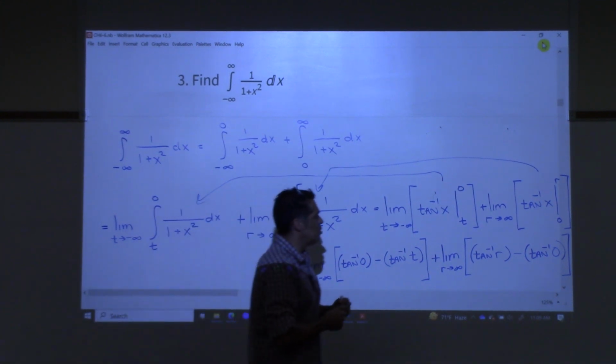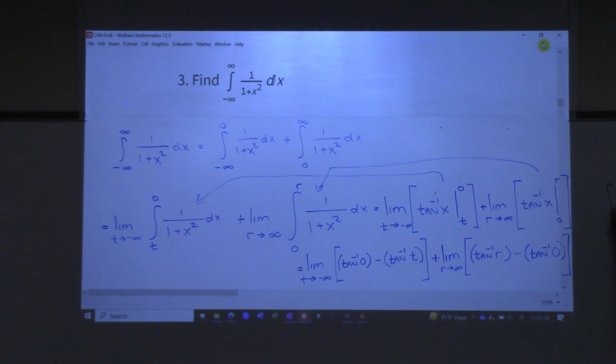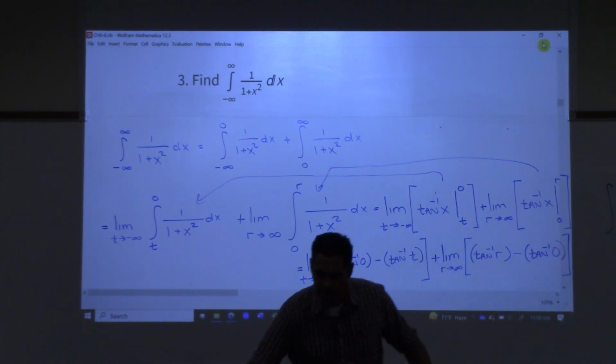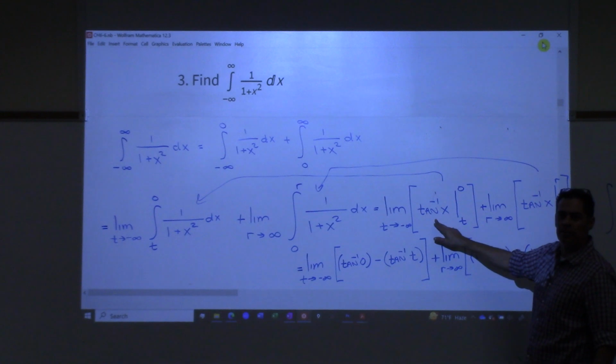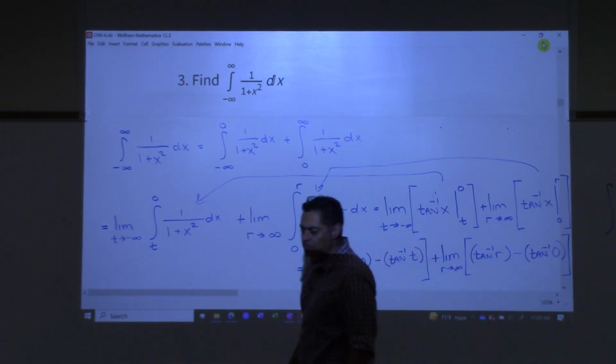So the actual technical formula is: the integral of 1 over a squared plus x squared dx is 1 over a times inverse tangent of x over a plus c. That's formula 17. For us, a is 1, so that's just 1, and that's x, which is why I just went straight to this. Is that what you're talking about? Yeah. I think in your head, you should have seen that.